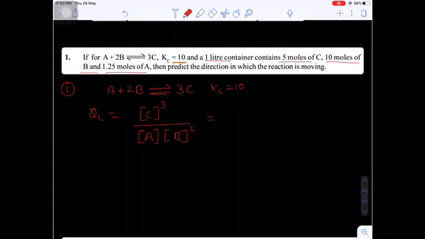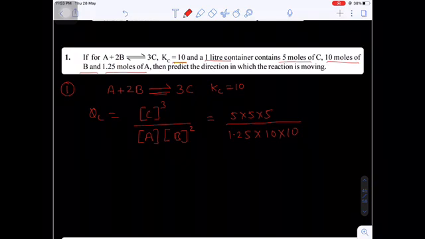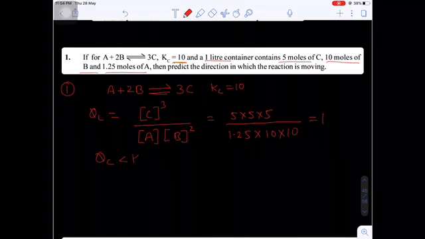What is the concentration of C given to you? 5 moles. So 5 cube, 5 into 5 into 5, divided by the concentration of A, 1.25 moles, and the concentration of B, 10 moles, so 10 into 10. So this value is 1. What is the Kc given to you? 10. What is the Qc here? 1. That means Qc is less than Kc.